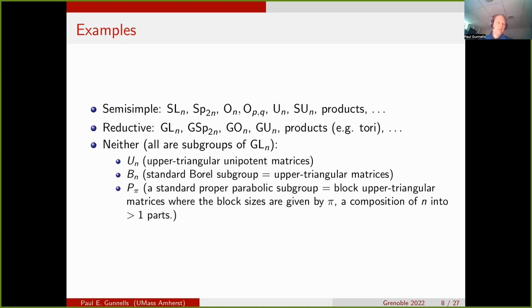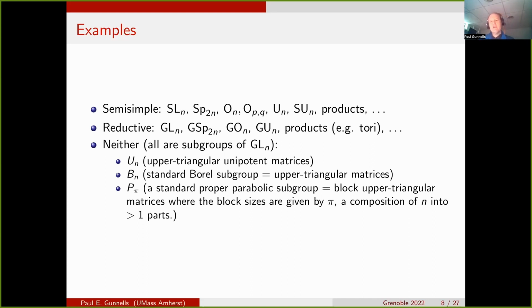And we can take products. These concepts are closed under taking products. For reductive, it's just slightly different. We have examples like these. So GL_n, the difference between GL_n and SL_n is, of course, you can have an arbitrary determinant as long as it's non-zero. So what's the difference between GSp and Sp? This GSp is sometimes called the symplectic similitudes.